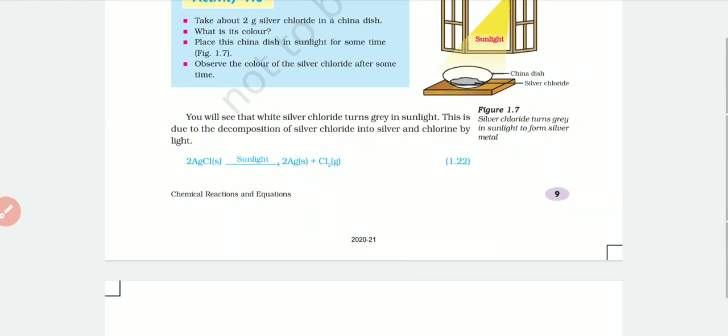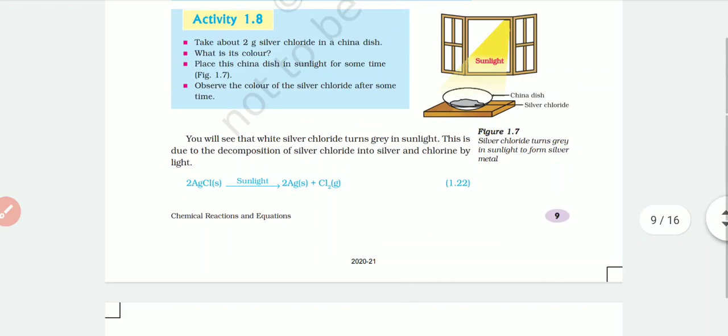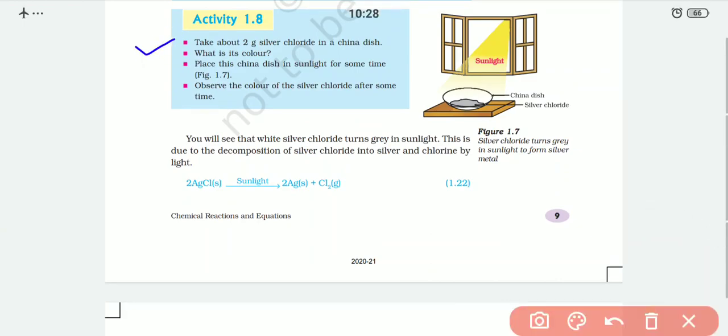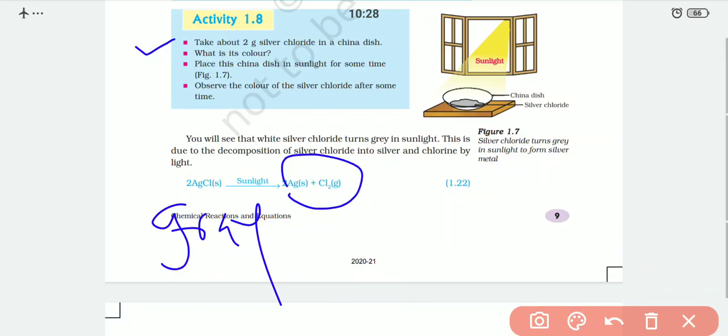Another example: when silver chloride, AgCl, is placed in a china dish in sunlight, its color changes. The color of silver chloride is first grey, but after absorbing sunlight it becomes silver in color.